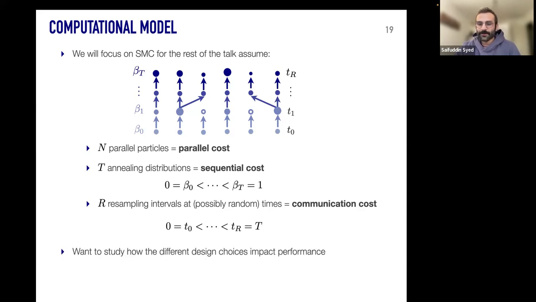So any resampling strategy, any number of particles, any number of annealing distributions will give us a valid SMC sampler. And so we want to analyze how these different design choices impact the performance of SMC samplers itself.